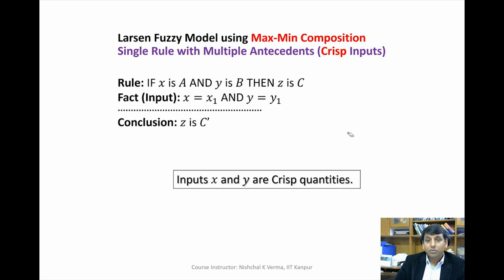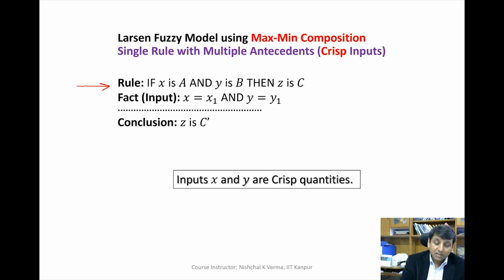Now let us go to the crisp inputs. In the second case, let us use crisp inputs instead of fuzzy inputs and see what we are getting. The rule remains the same because we are dealing with the Larsen fuzzy model with single rule and multiple antecedents.